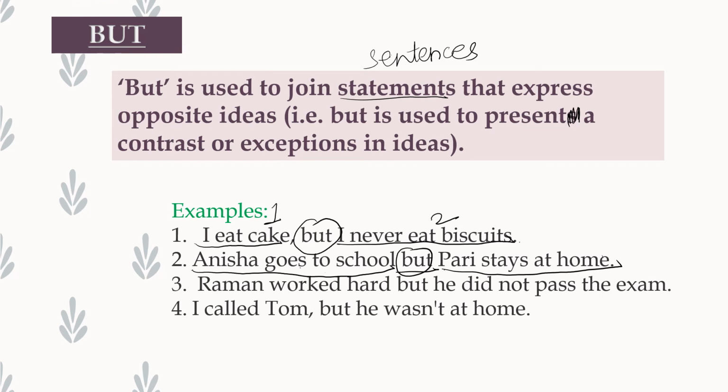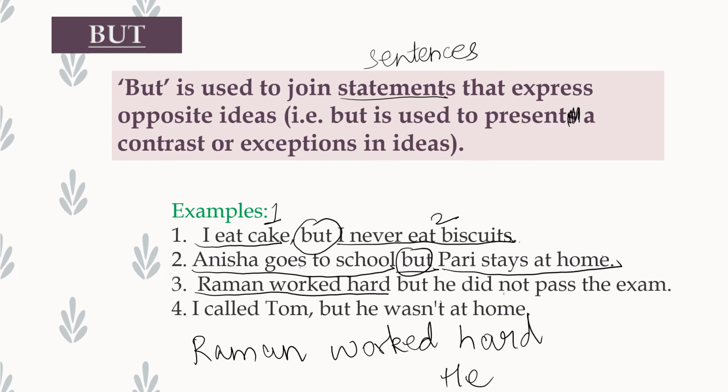Next, Raman worked hard but he did not pass the exam. So again, अगर हम इसका सीधा सेंटेंस होता तो क्या होता कि Raman worked very hard. So रमन ने बहुत मेहनत की. And if we see a simple sentence, it says Raman worked hard, and because we work hard we pass the exam, right?